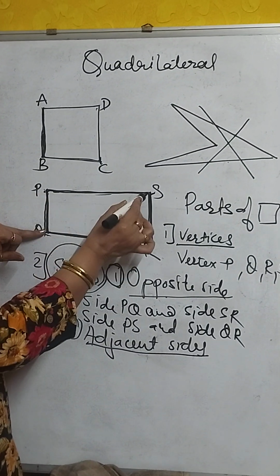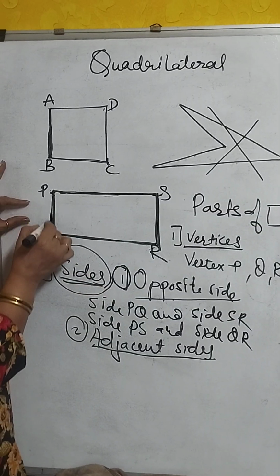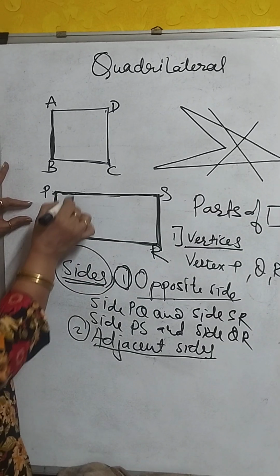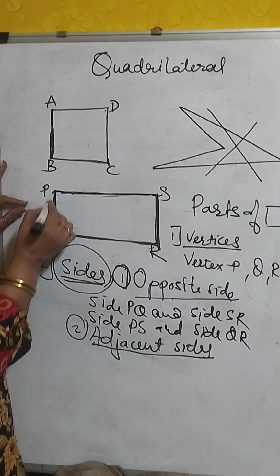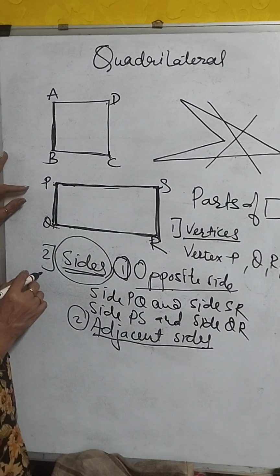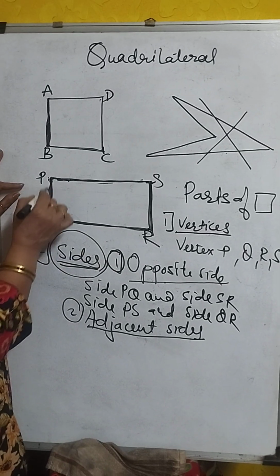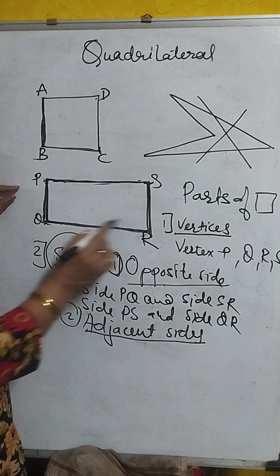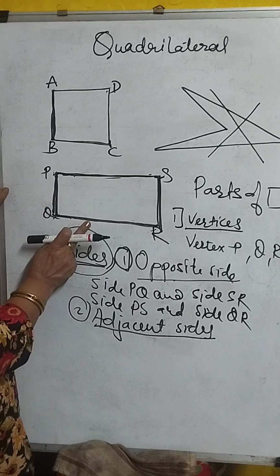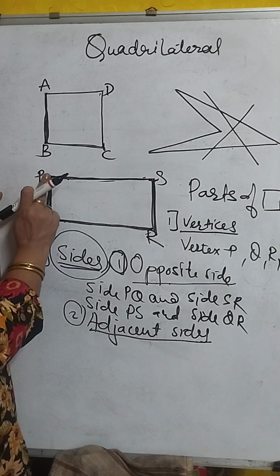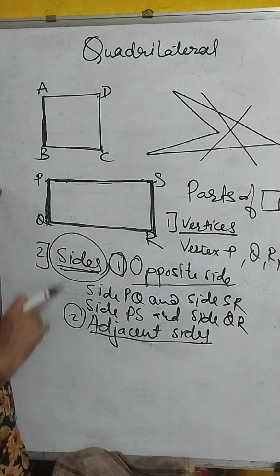PQ and PS are adjacent. For one side there are two adjacent sides. If you consider side PQ, side PQ and side QR are adjacent, and side PQ and PS are also adjacent.